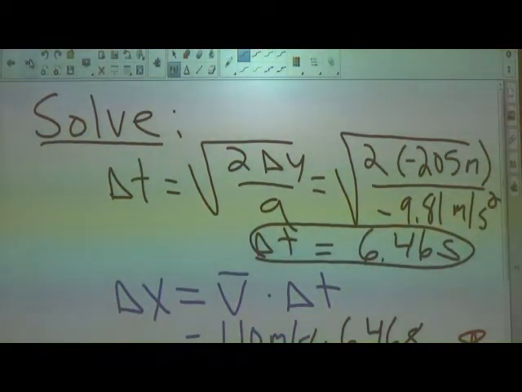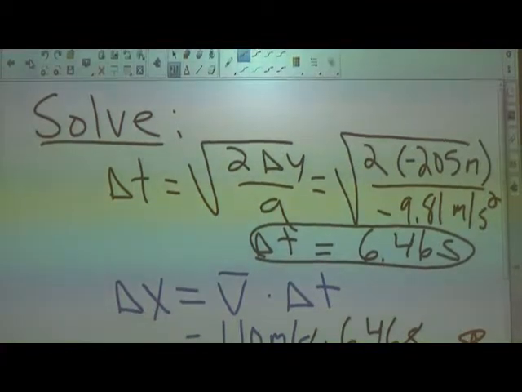So the average velocity times the time will give you this answer, 7.106 meters. And then guess again. You have to go back to the beginning and ask, how many sig figs do I need? If you rewind to the beginning, it's 3 sig figs. Should be 1, 2, 3, so it's 7.11 meters. That's how far that bag landed from the launch site.